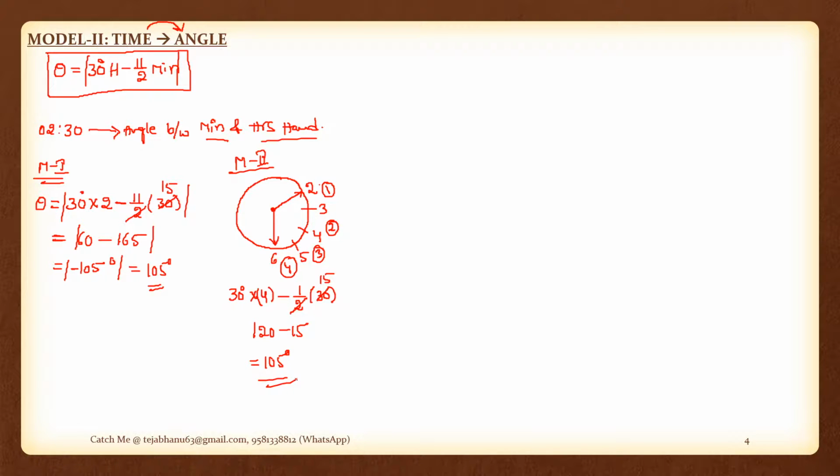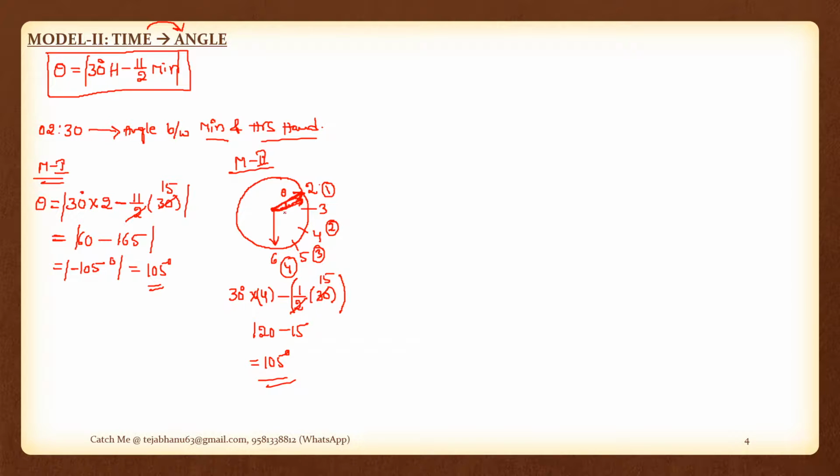Now, sir, why have we subtracted this value? At 2:30 on the clock, the hour hand doesn't strike 2 exactly. It displaces like this, so we have to identify this displacement angle also.